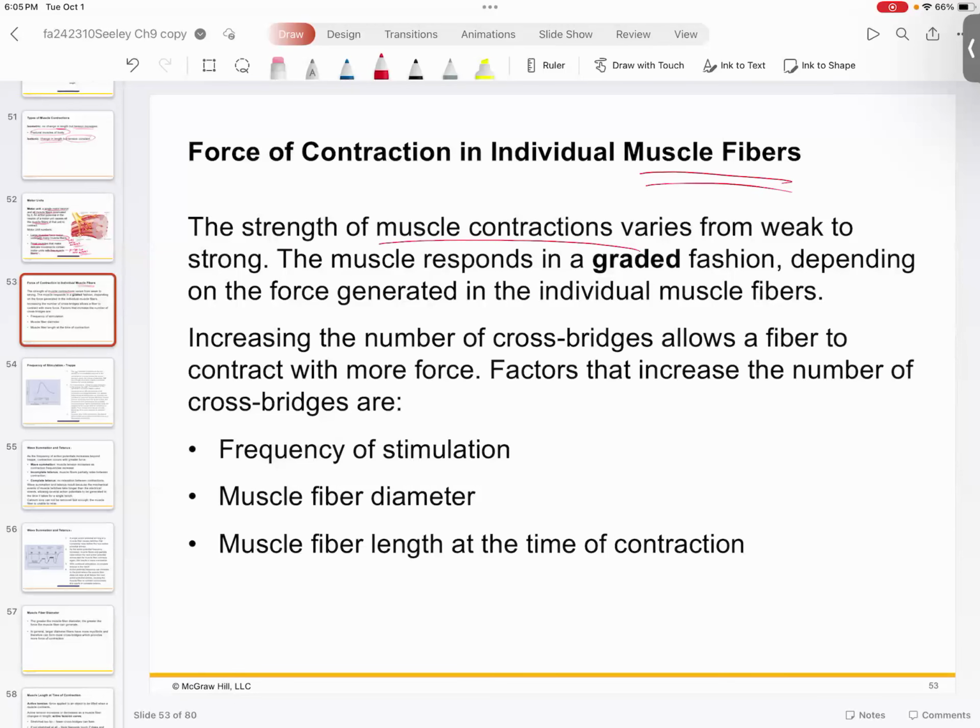Because they're looking for maximum strength out of their muscle contraction. And so you can vary your muscle contraction, right? You can attenuate it from a weak to a very strong type of a response. And so the important thing is that when you take a look at your muscle, it responds in this sort of variable kind of attenuated fashion, right?